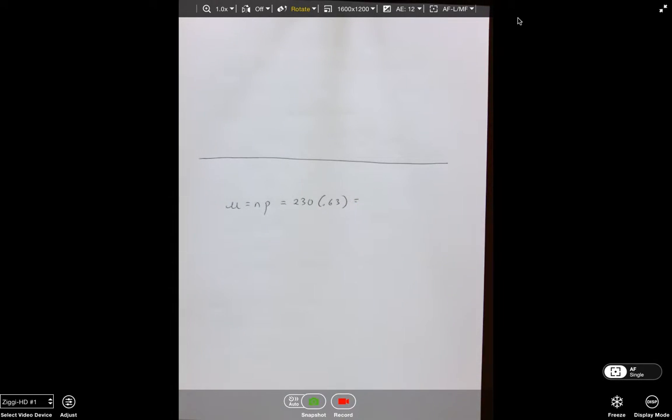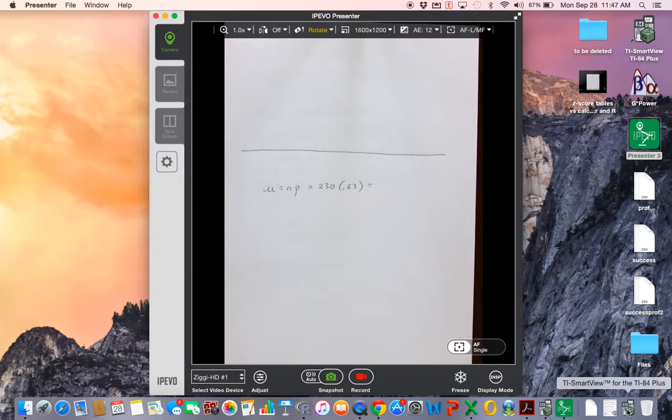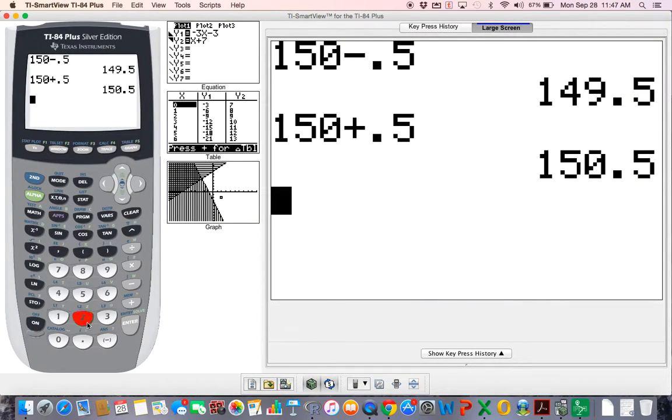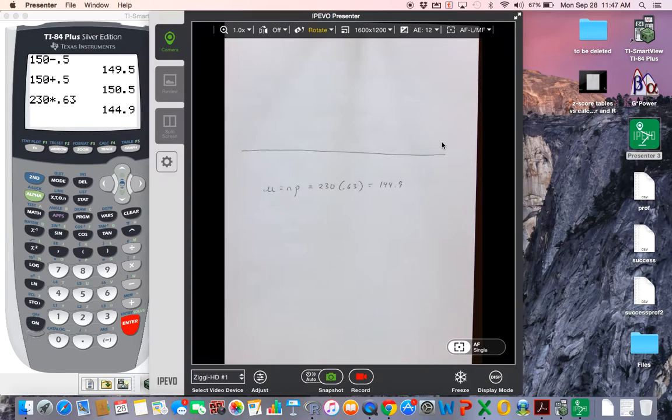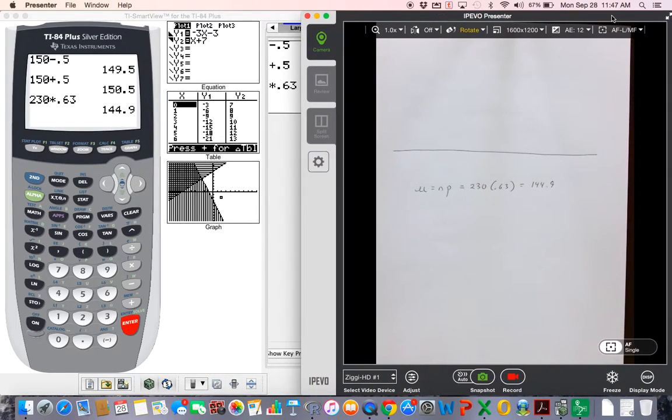So the mean is going to be 230 times 0.63. So the mean is 144.9. All right, so I'm going to go split screen here on you so we can see both things going on here.